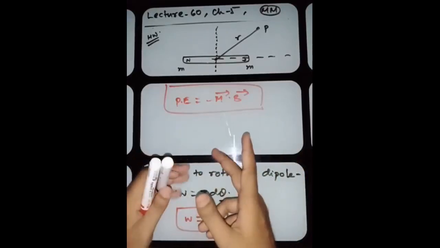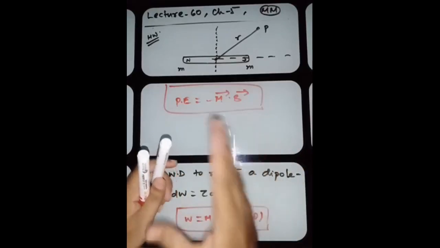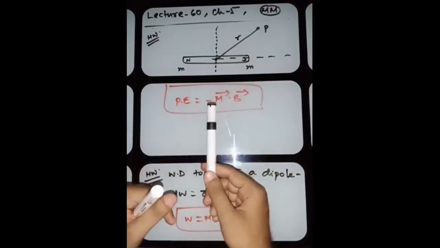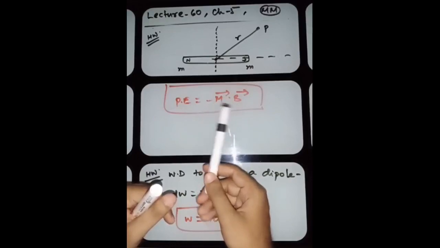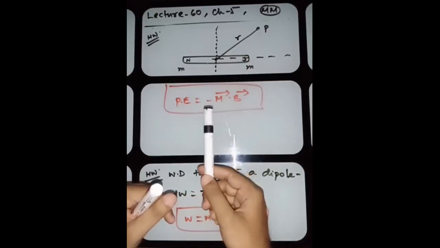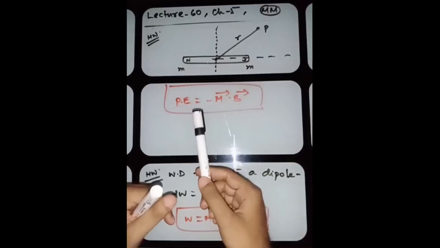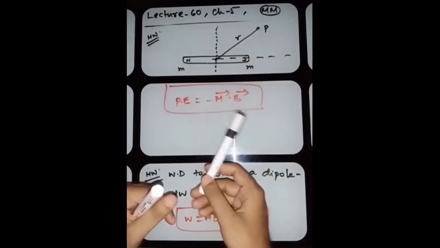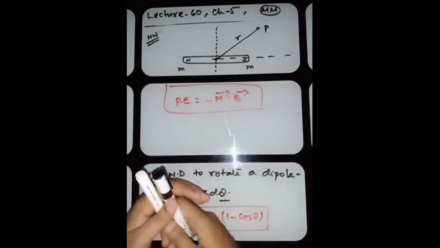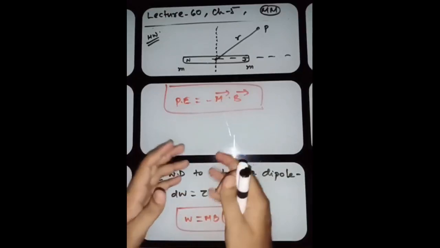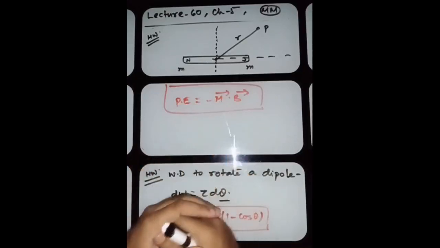Or if you place a dipole in stable equilibrium and disturb it very slightly, it again tries to regain its original condition, that is the stable equilibrium, and due to inertia it will start oscillating, like an oscillator. All right, you have to find the time period of oscillation, that we will study in the next class. That is the oscillation of a dipole placed in a uniform magnetic field.